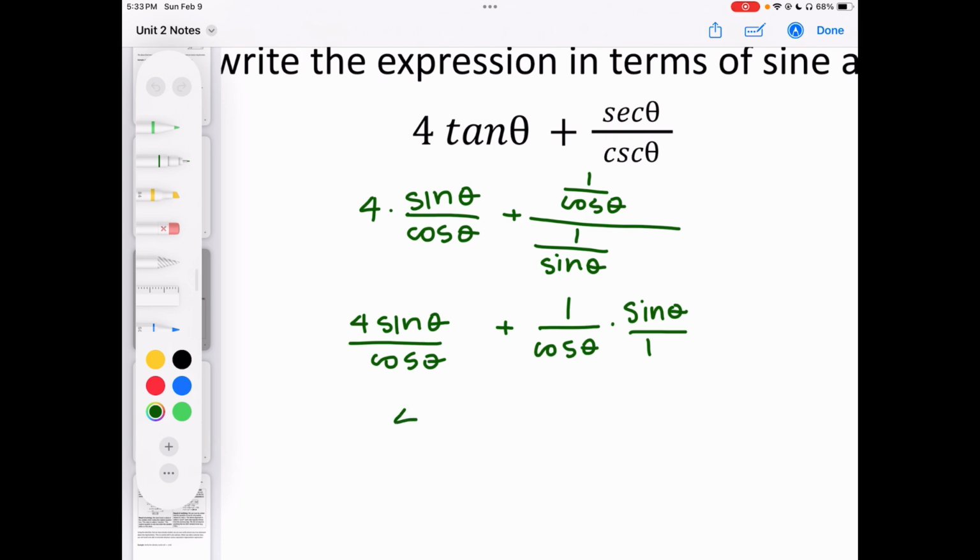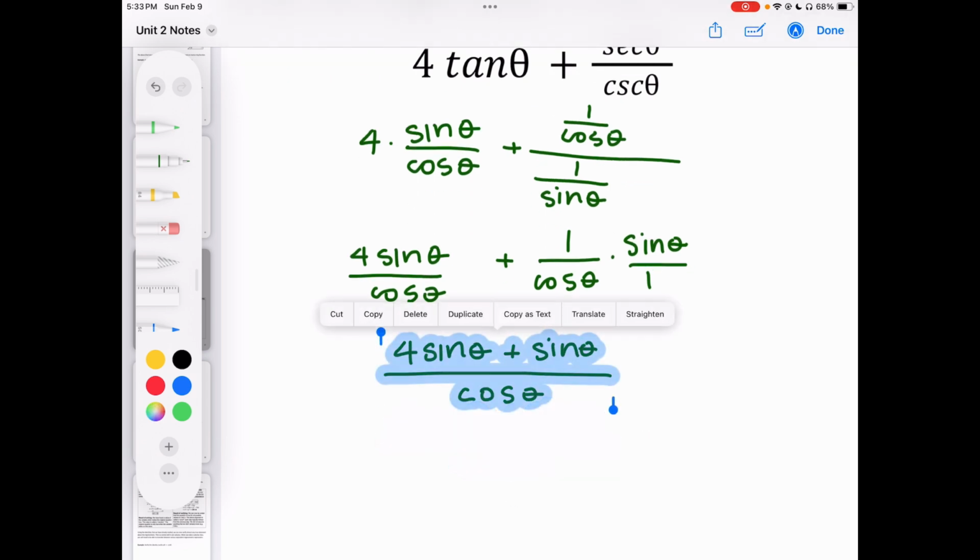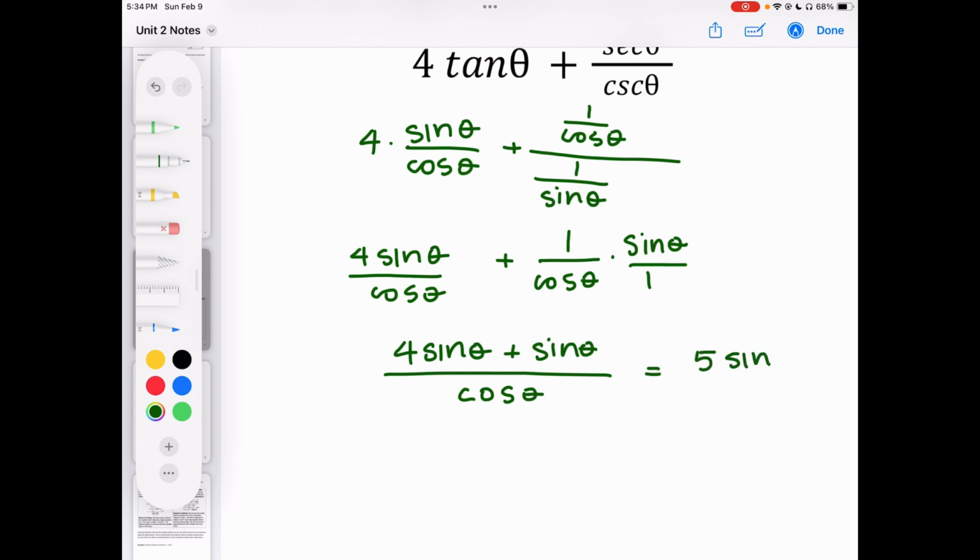So I'm going to have 4 sine theta plus sine theta all over cosine theta because we now have common denominators. Okay, now that we've done that, we can combine the 4 sine and the 1 sine. And we're going to have 5 sine theta over cosine theta.